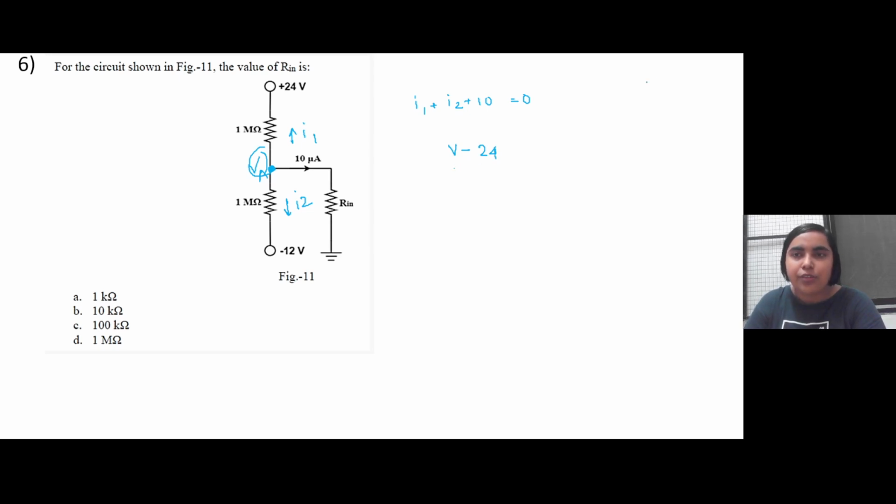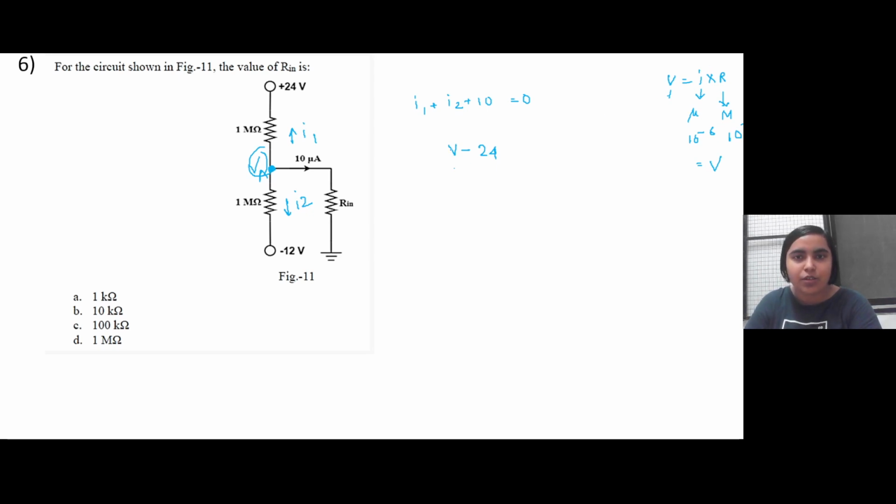Now V is equal to I into R, right? If this is in micro, which means 10 to the power minus 6, and R is in mega, so it is 10 to the power plus 6. So voltage will be in volt only. The unit will be adjusted according to current and resistance.